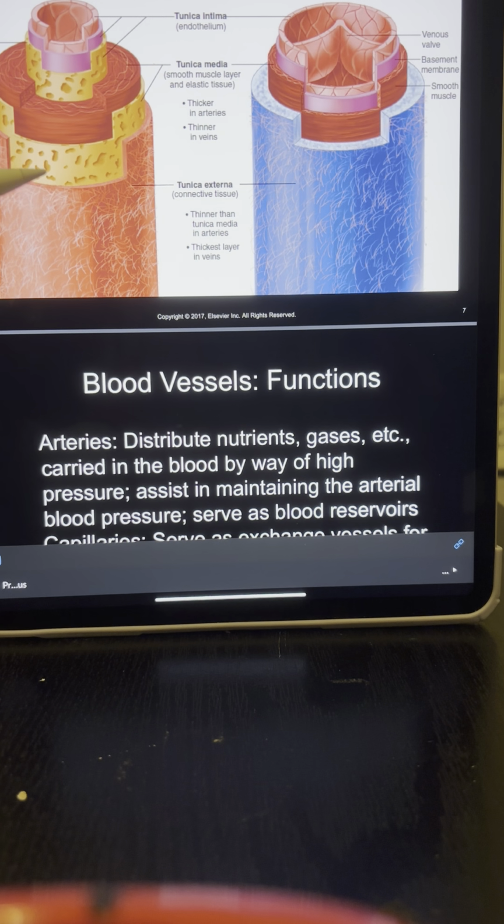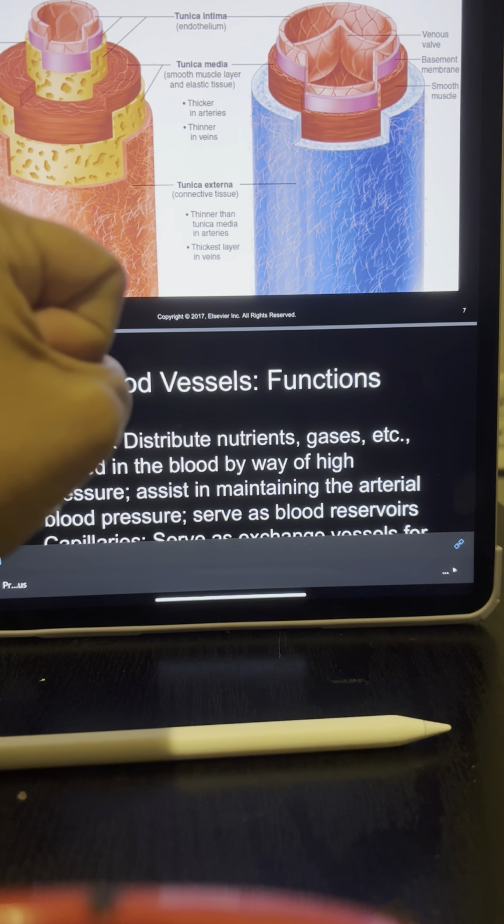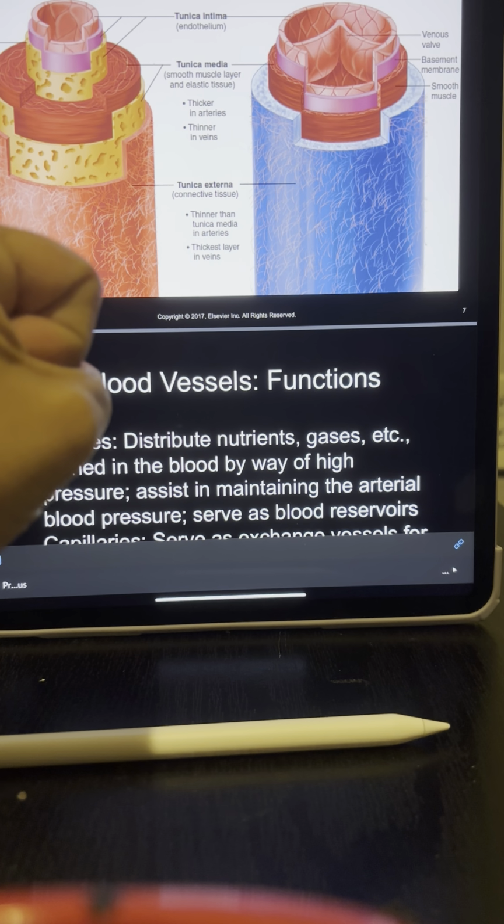If my blood pressure is low, they're going to contract to try and raise it, because remember, resistance causes pressure to go up because it's resisting and it's causing the heart to work harder and to put more pressure to try and get the blood to go through that constricted vessel. If my blood pressure is too high, that muscle tries to dilate to allow more blood flow so that there's less pressure and less work on the heart.